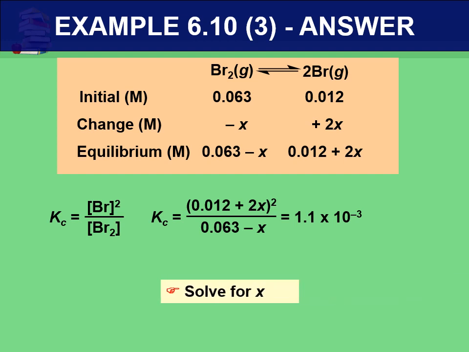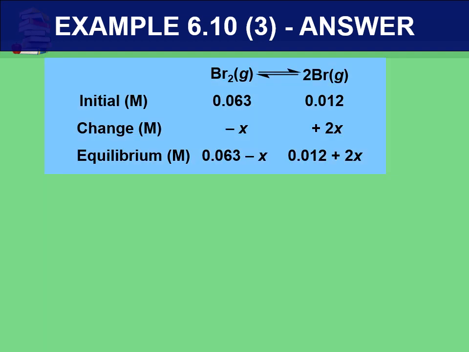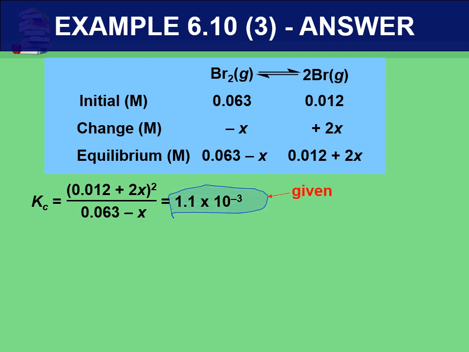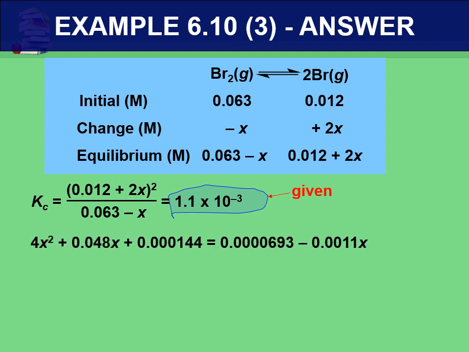How do we solve for x? Well, we are going to get a quadratic equation out of this. Since 1.1 times 10 to the power of negative 3 is given, here is the quadratic equation that we're going to have.